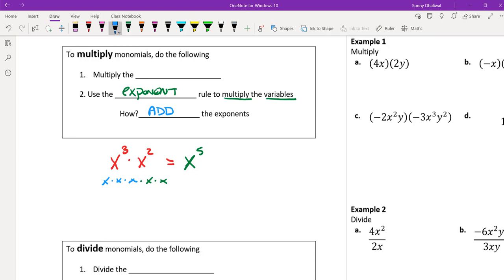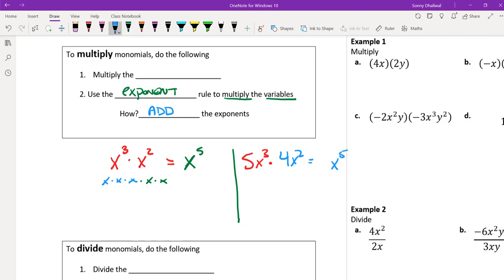Now, the one add-on for this chapter is usually we didn't have coefficients with the variables in the exponent section. So now, if we have exponents involved, and we have 5x cubed times 4x squared, we apply the exponent laws as we do for the variables. So it's still going to be x to the power 5.